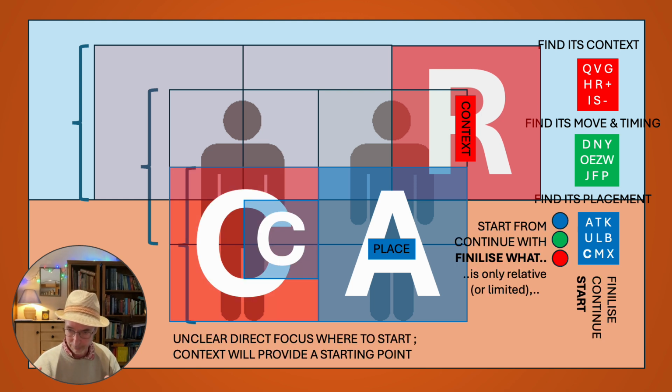But each category also has three levels, let's say. The first level is the level where you can start from. The next level is where you continue, and the last one is where you finalize the thing. So with finalizing, you have to see, okay, but where are my limits? Or I don't see it very well anymore.